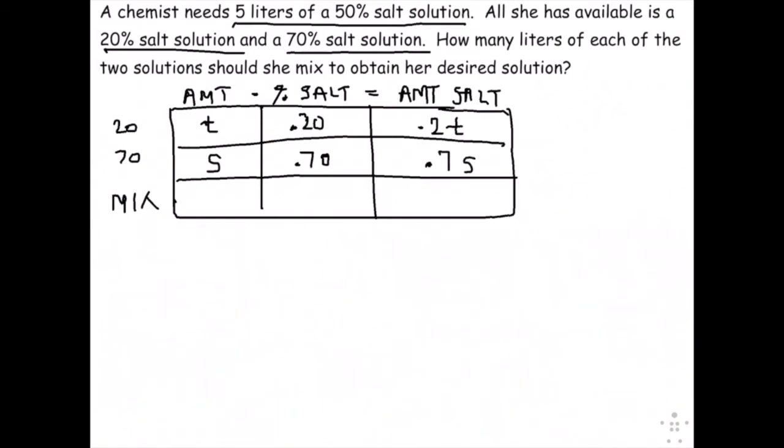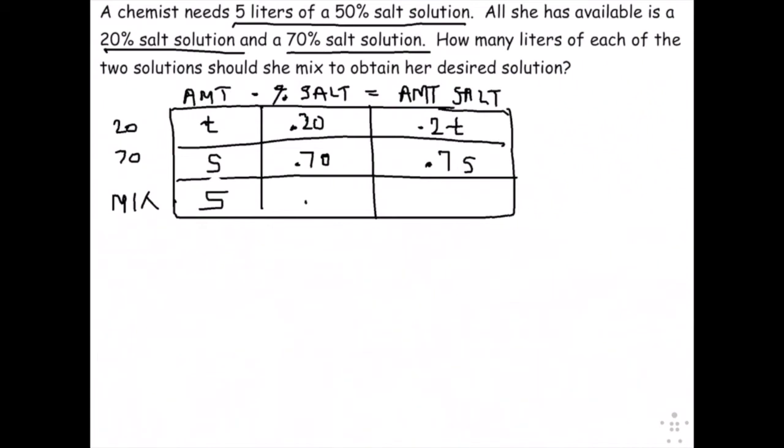Now, the mix here is T plus S, right? Oh, no, actually, they tell us what it is. They tell us that we need 5 liters of it. We need 5. Oh, that S is not a good one, but we'll try our hardest to remember that that's an S. So this is 5 liters of a 50% salt solution.